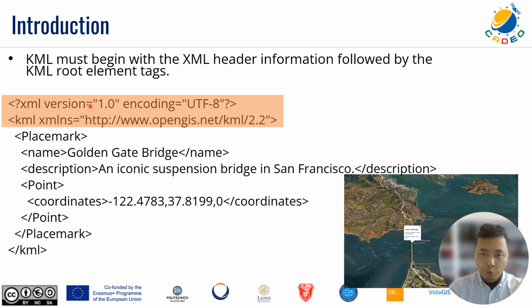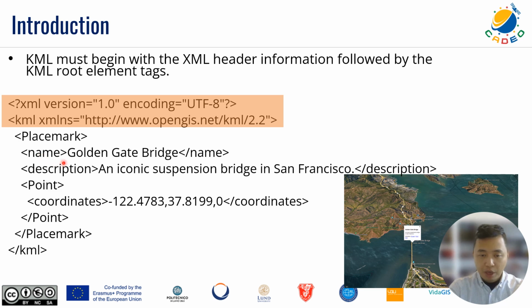In this example, we have one KML file, and the KML here contains the placemark. The placemark is the child element of the root KML. By default, KML is only the root element, and the placemark child element has some sub-child elements.